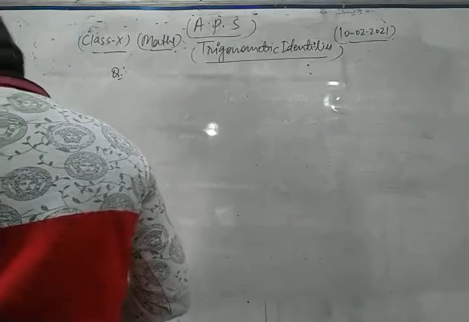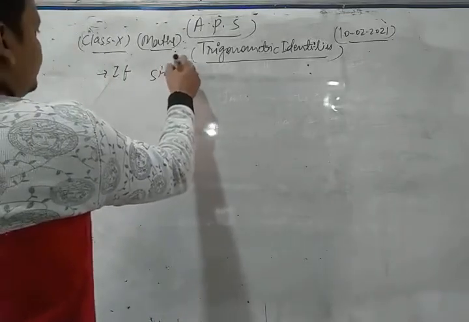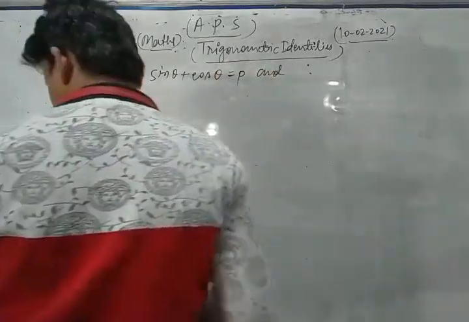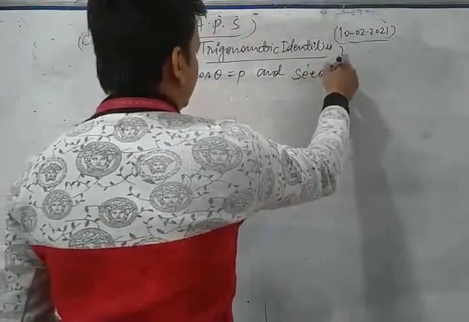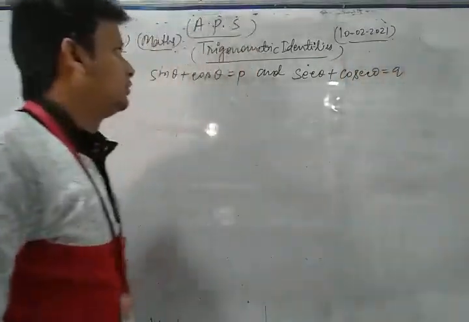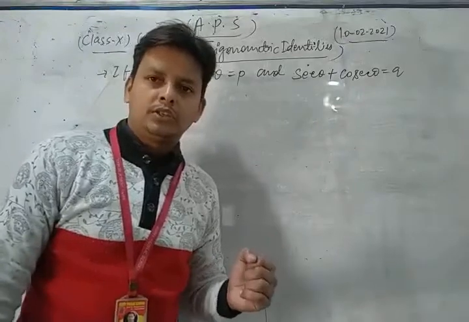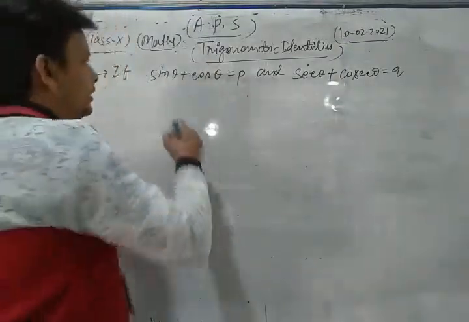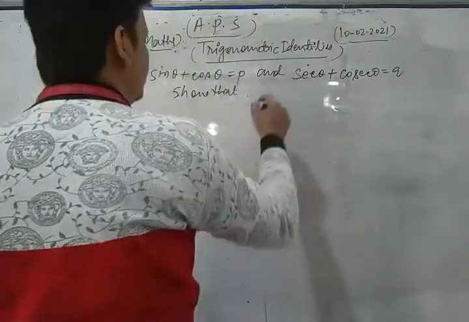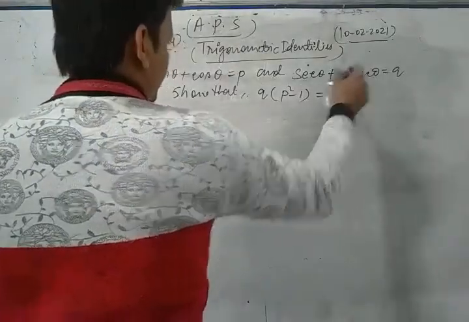Your question is: if sin theta plus cos theta is equal to p, and sec theta plus cosec theta is equal to q, then show that q times (p square minus 1) is equal to 2p.